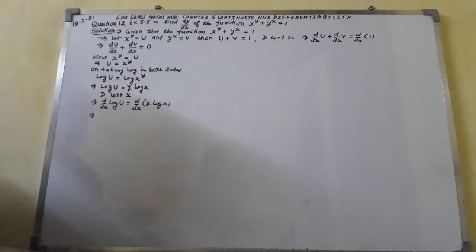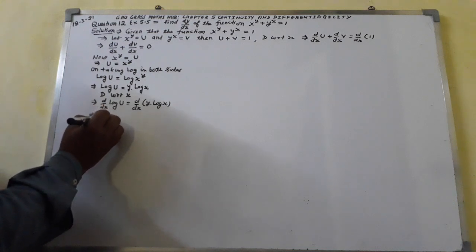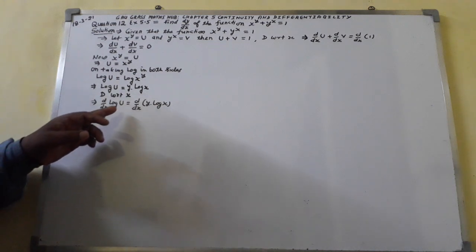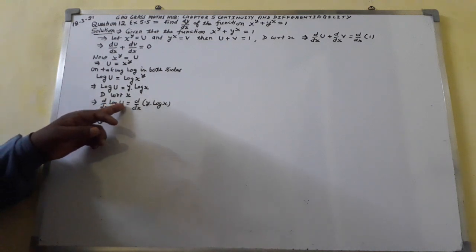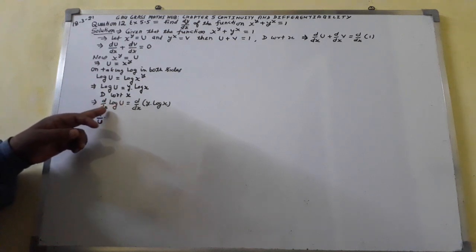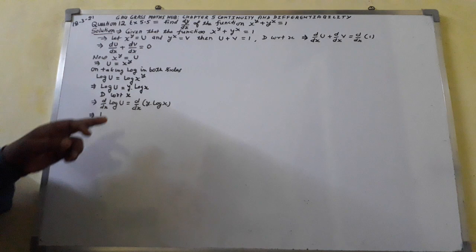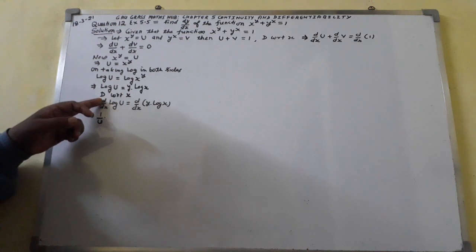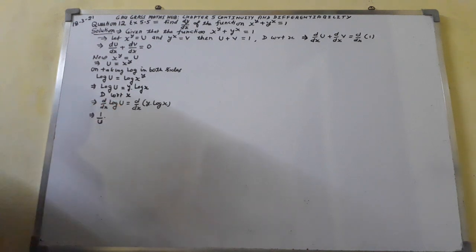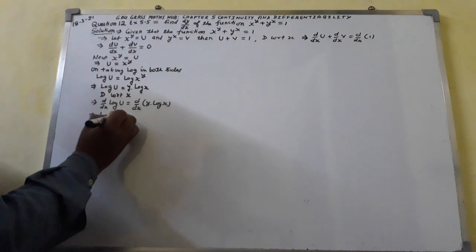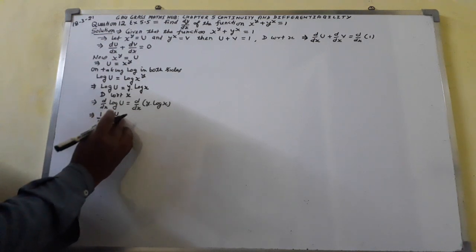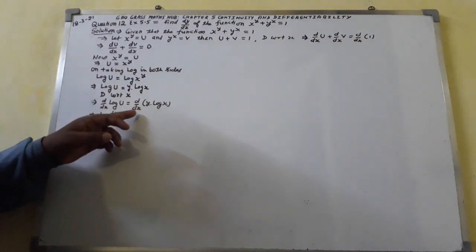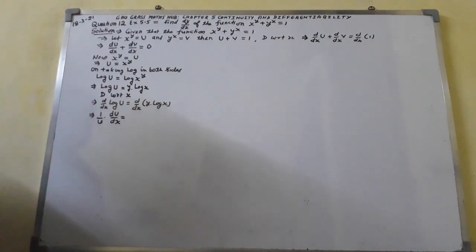In place of x I write u, so here 1 over u. But u and x are different, that's why we get du over dx, equal to d over dx of y dot log x.